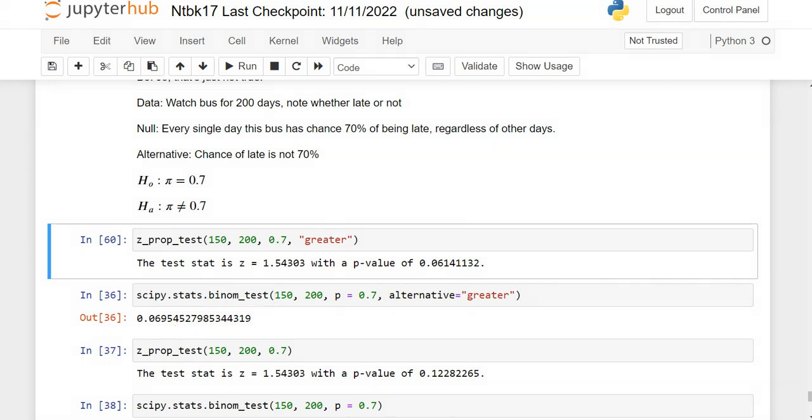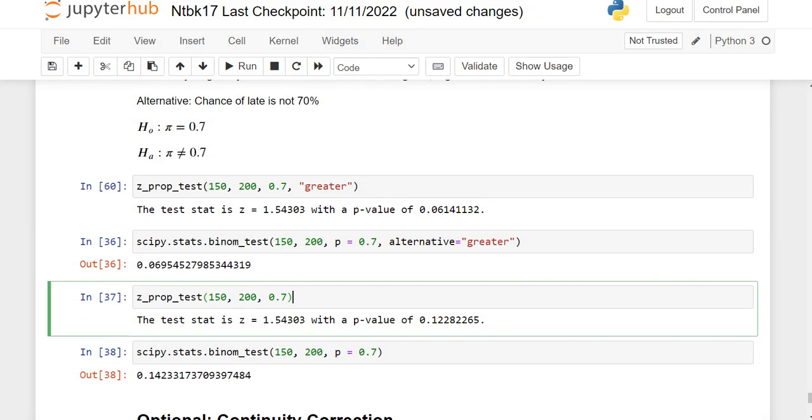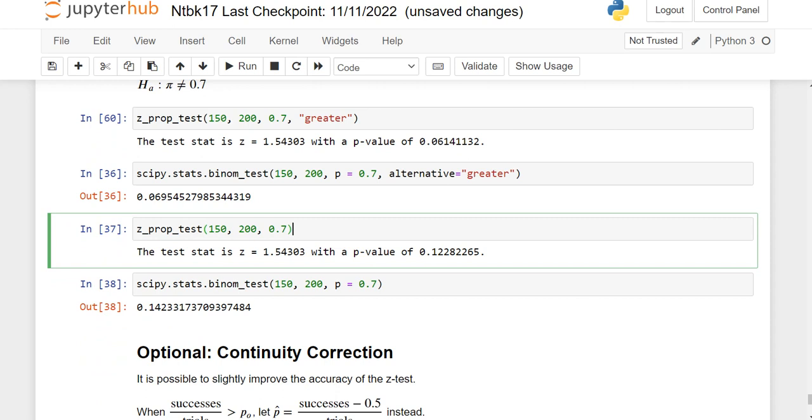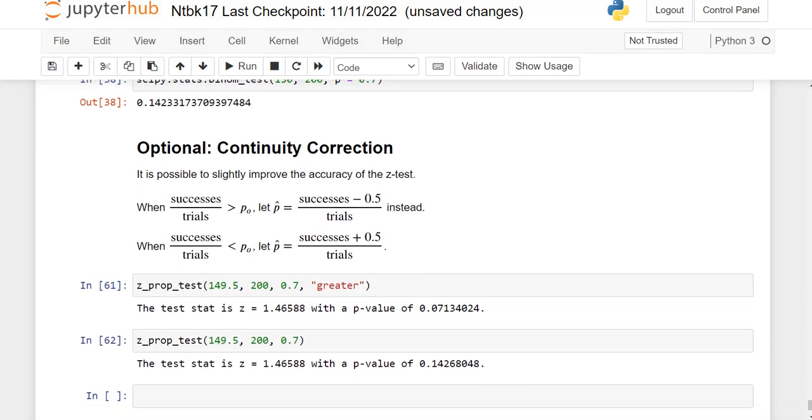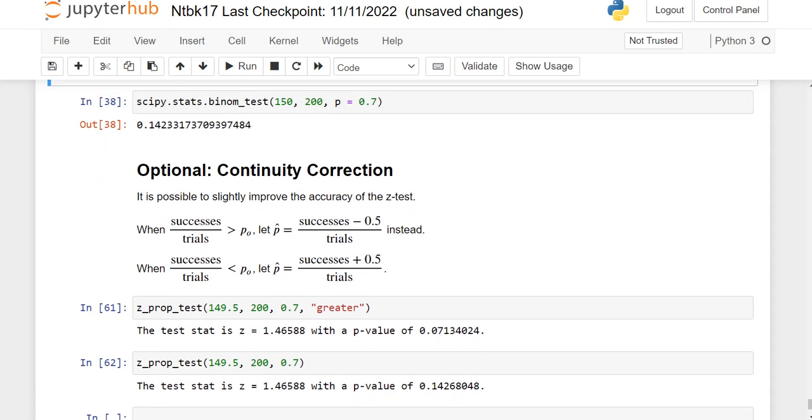And that's what these blocks are showing. And again, you see the z proportion test gives us 0.1222 compared to the binomial test giving us 0.1423. And they talk about this continuity correction, which does make the z-test slightly more accurate.